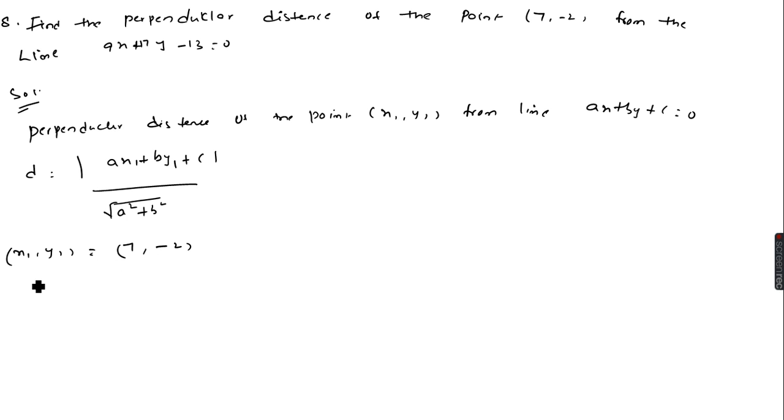and (a, b) is nothing but what is the (a, b)? (9, 17). So therefore the d equals 9x1 + 17y1 + c by root of 9 square plus 17 square.